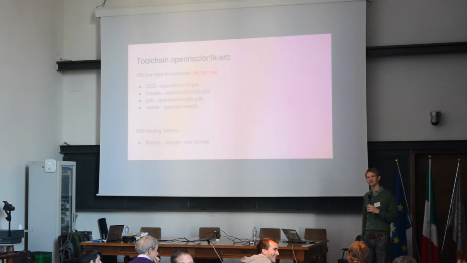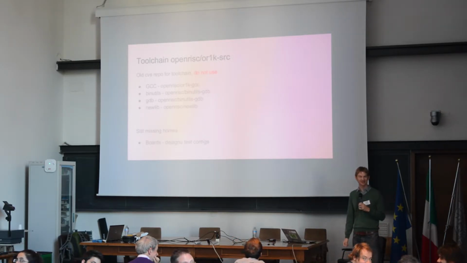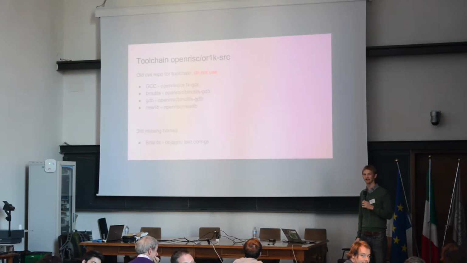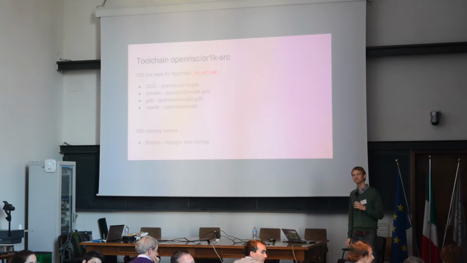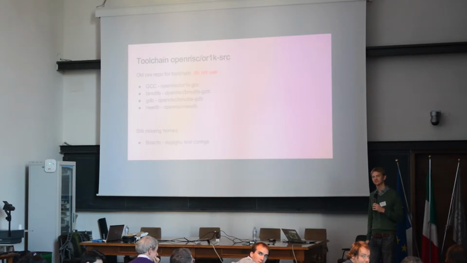It's a horrible mistake, OR1K source, and unfortunately I'm responsible for it. It's to do with the way GNU expects to build toolchains in a unified directory, even though it's made of separate projects. And the mistake we made was to try and recreate the whole unified directory. It doesn't work. What you really want is a separate directory, which is a toolchain directory, which just has the scripts that combines and pulls in the other things.